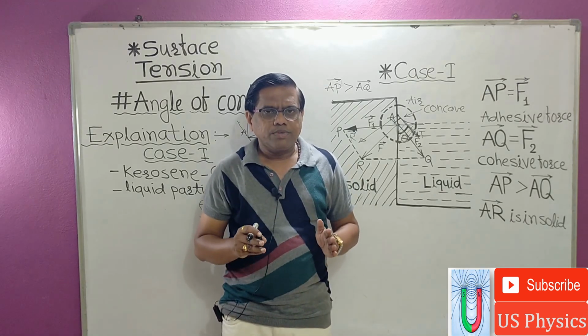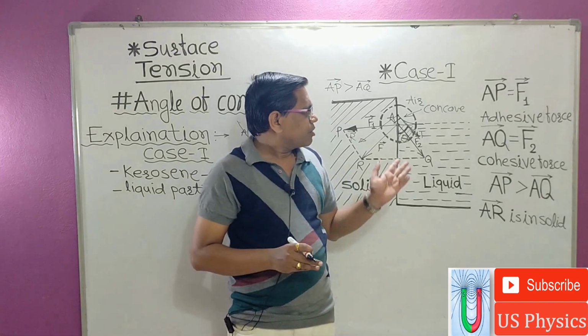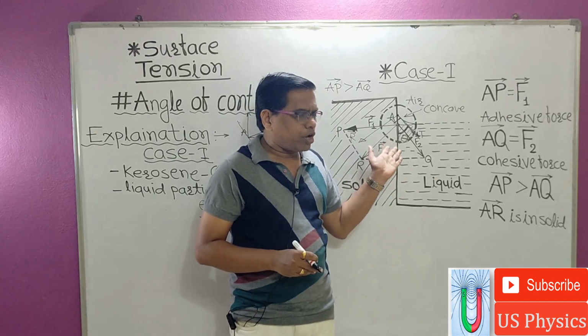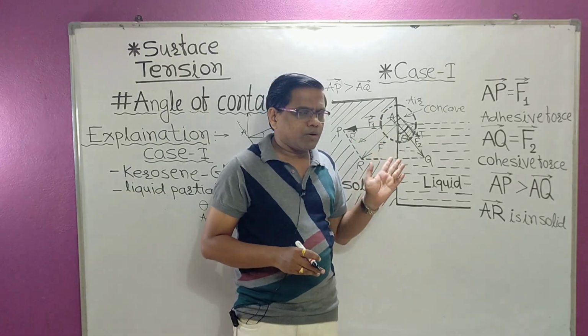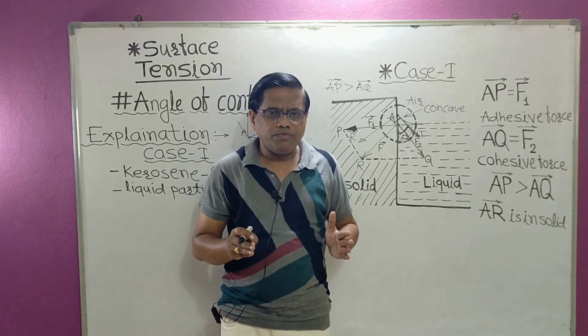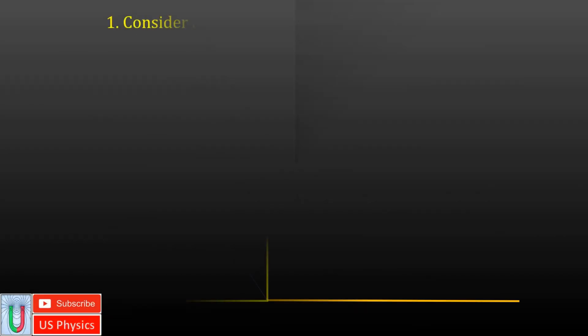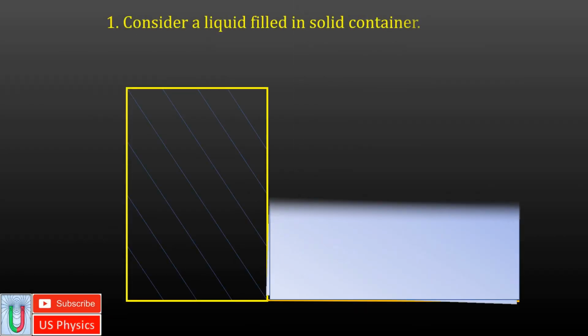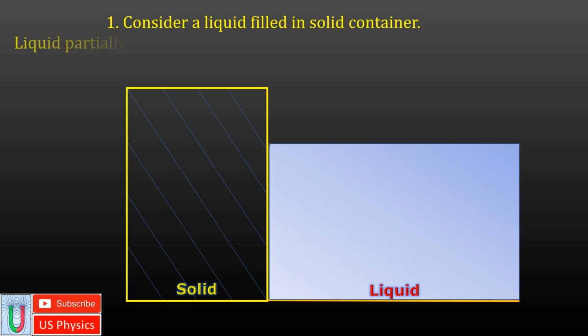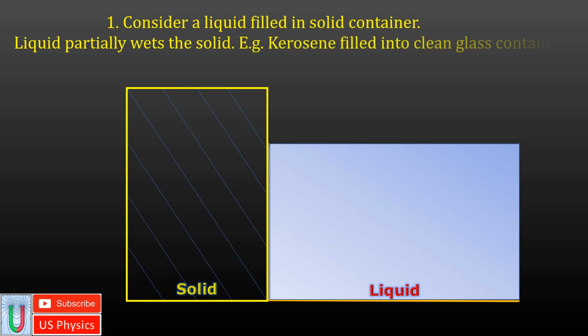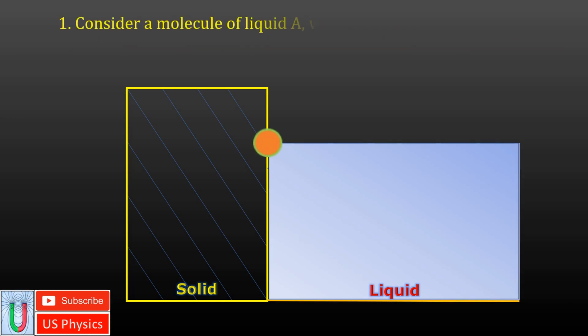So let us summarize all points which we discussed in constructing the case of the liquid which partially wets the solid. Consider a liquid filled in solid container. The liquid is such that it partially wets solid. Example, kerosene filled in clean glass container. Consider a molecule of liquid, capital A, which is in contact with solid.